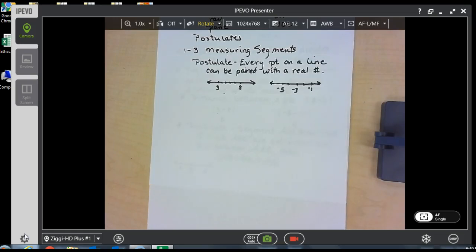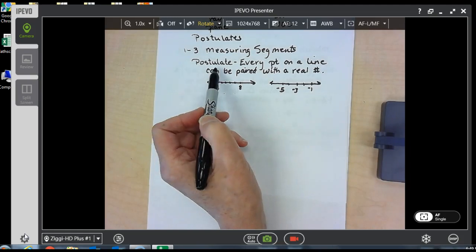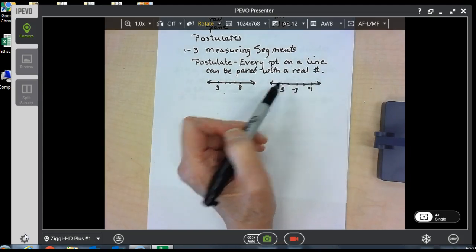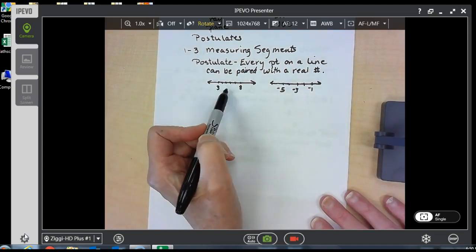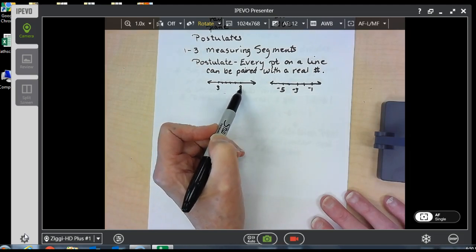When we're talking about segments, we look at a number line, and our first postulate says every point on a line can be paired with a real number. So we've been using number lines since you were little. Nothing's changed. So 3, 4, 5, 6, 7, 8.